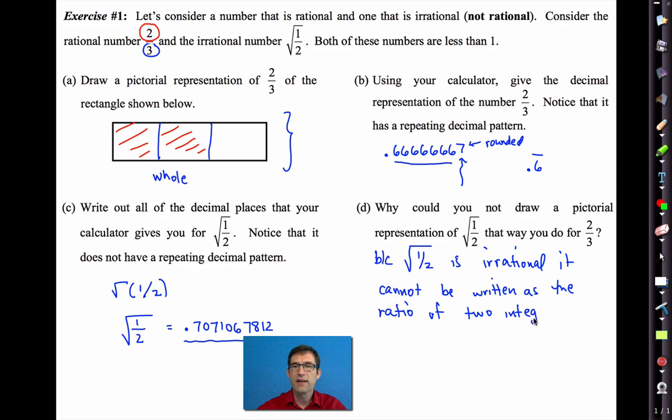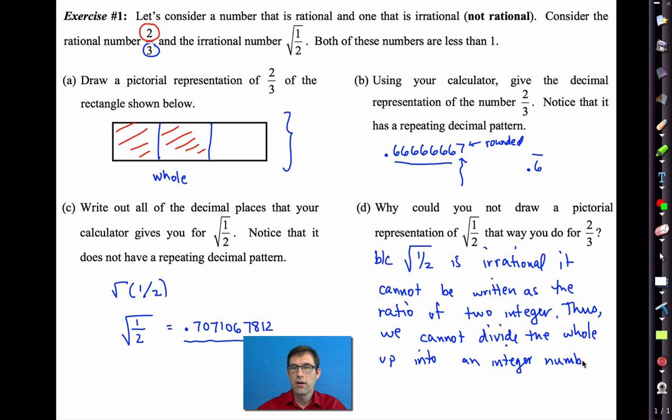And because of that, thus, we cannot divide the whole up into an integer number of parts, right? So for 2/3, literally what 2/3 tells us is that we take a whole, we divide it up into 3 smaller parts, and we take 2 of them.